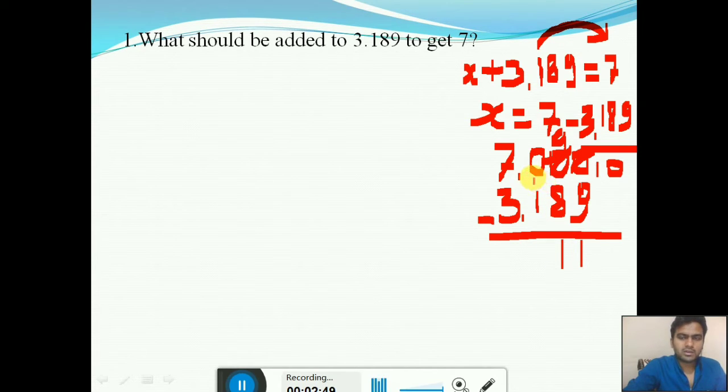Now this number also becomes 9. 9 minus 1 is 8. Point. Now this number will be 6. 6 minus 3 equals 3. So our answer is 3.811.